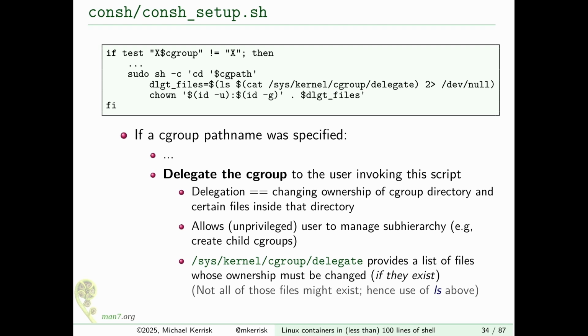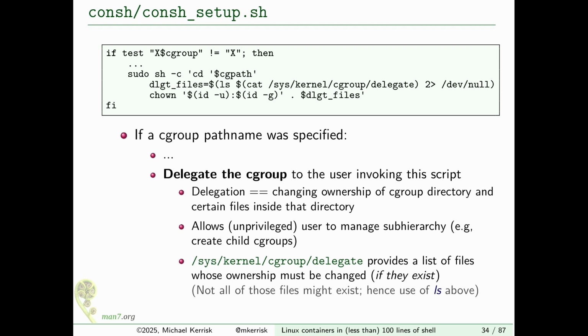And as well, I need to change the ownership of a certain set of files inside that directory. There's a file here, sys/kernel/cgroup/delegate, and it tells me which of those files also need to have their ownership changed. Because not all the files need to be changed, and certain files, their ownership should not be changed. But there's a certain set of files whose ownership must be changed, and as well, the ownership of the directory must be changed.